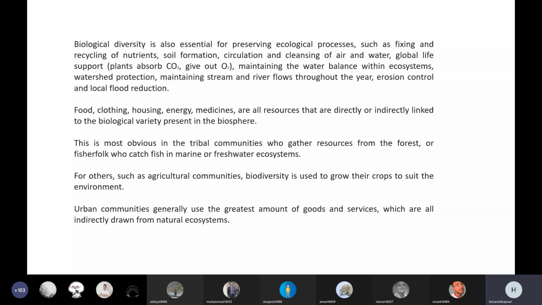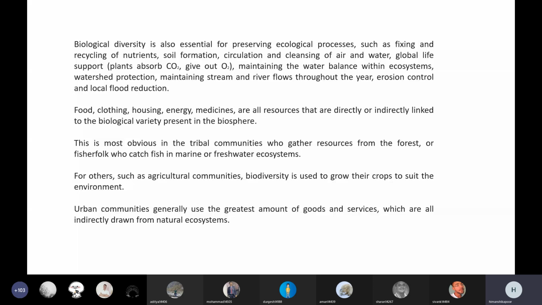So even urban communities or urban settlements, so whatever goods we are using or whatever services which we are using are directly or indirectly derived from the biodiversity. That is why biodiversity is enormously important for our ecosystem, and that is why we are studying biodiversity in great detail.